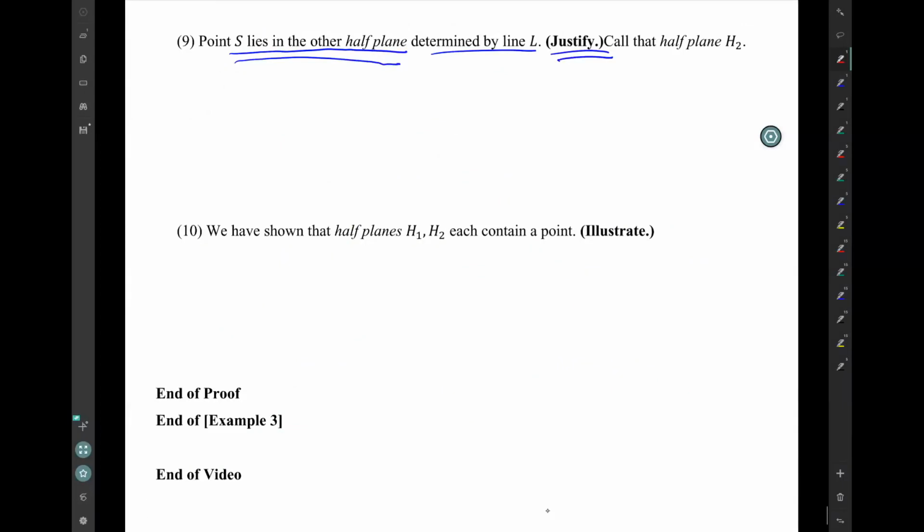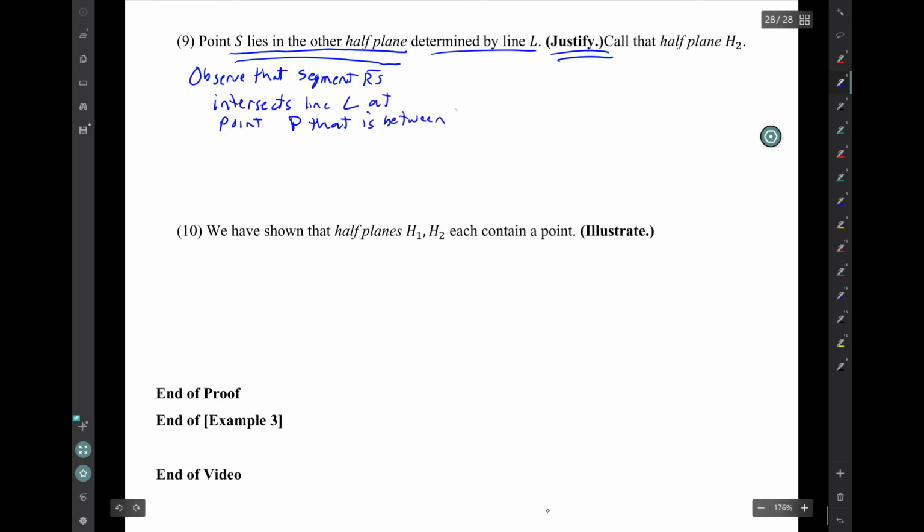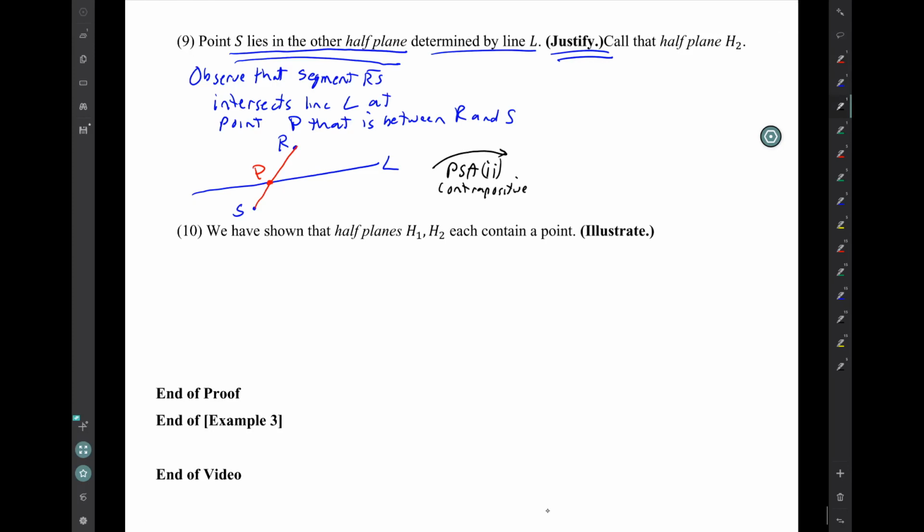Well, so observe that segment RS intersects line L at point P, which is between R and S. So we have this picture. And so PSA2 contrapositive tells us the following. It tells us that R and S are in different half-planes.